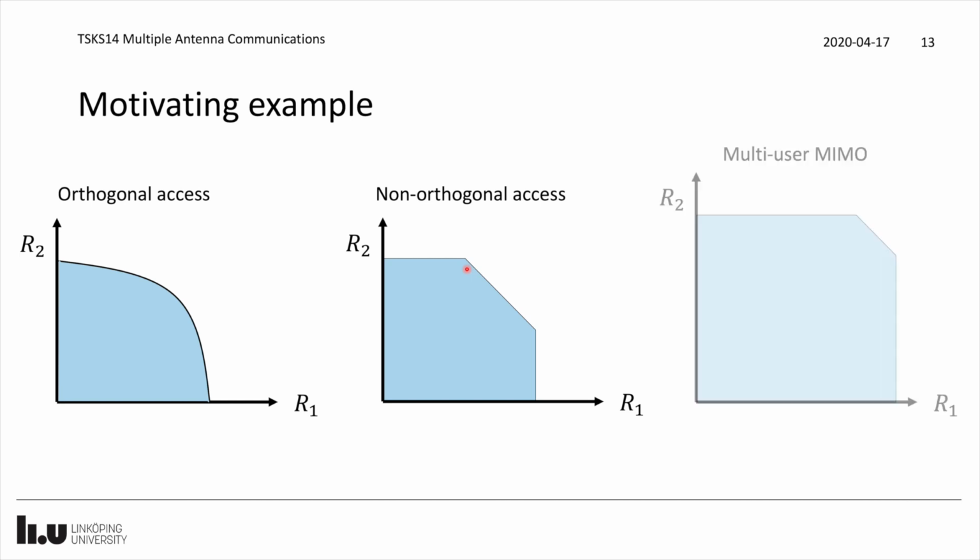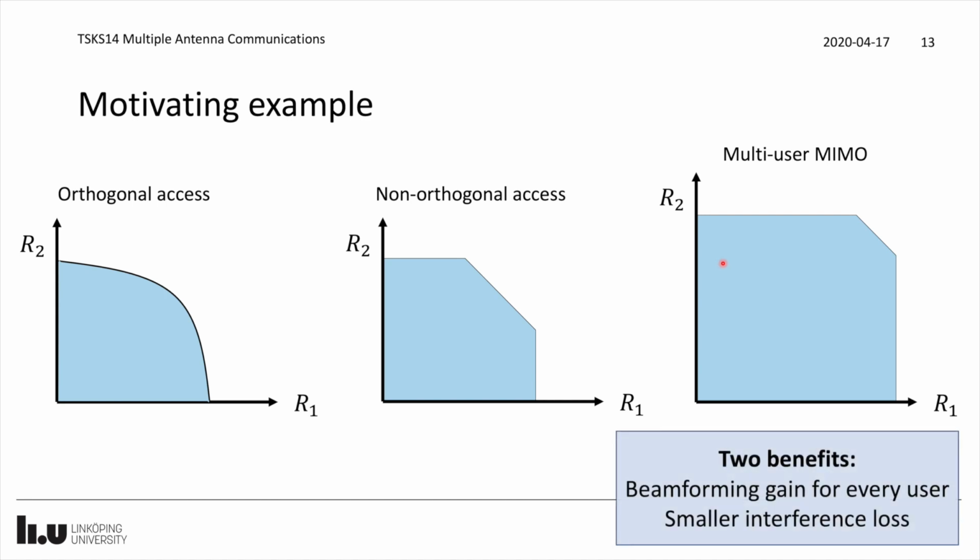And multiuser MIMO is essentially a non-orthogonal access scheme, but we usually don't call it that, we call it multiuser MIMO. And the benefit is that the region is going to be much larger here. So there are two benefits. The beamforming gain that we achieve by having multiple receive antennas increases the rate that each user can get when it is alone in the system.